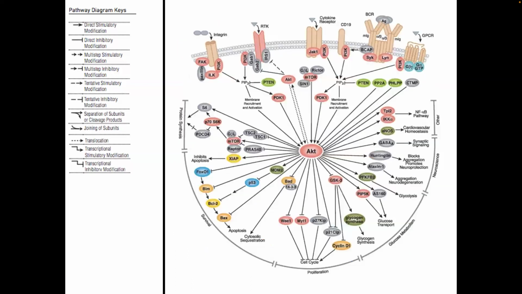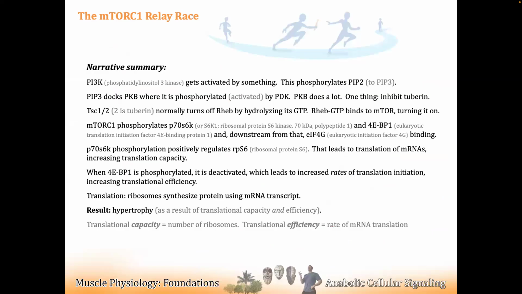So if we keep the same key, but focus on PKB specifically, we see how enormous of a hub PKB is. It just goes all over the place, its functions. So notice the types of downstream actions PKB has: survival, protein synthesis, glucose metabolism, and so on.